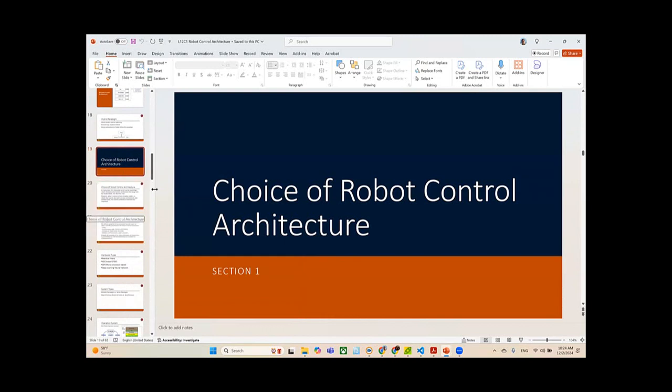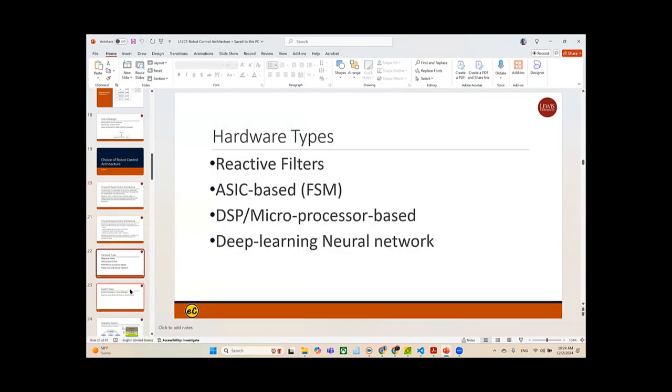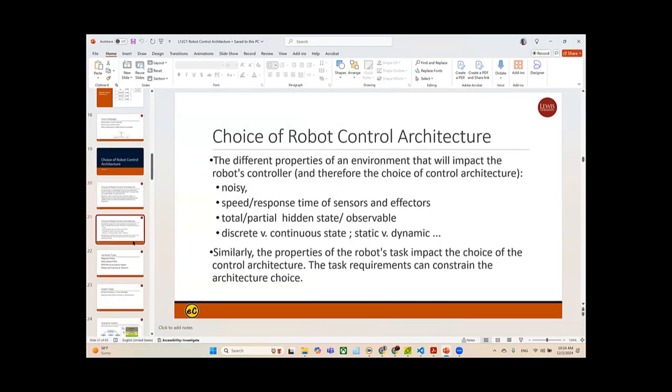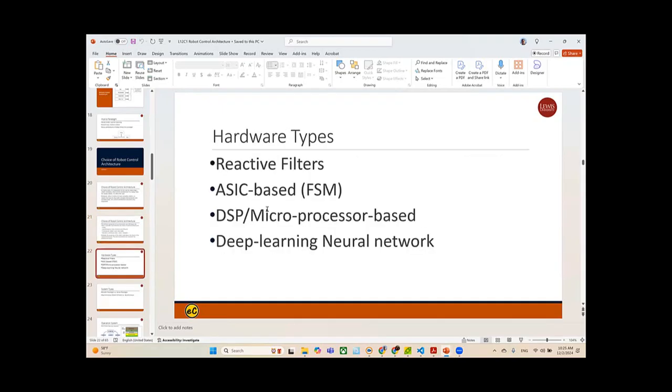Then we go into the choice of the robot architecture. We have four different kinds of robot architecture, and here we talk about differences in terms of implementation cost, control effectiveness, and system type. You make a choice on the robot. The next thing is that you have to think about hardware implementation. Do you want to use the traditional low-cost adaptive filter design, or ASIC design, or DSP microprocessor design, or deep learning neural network?